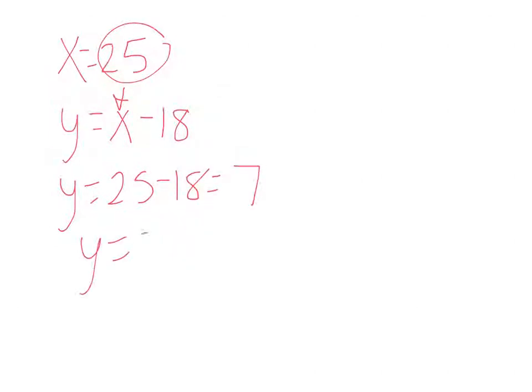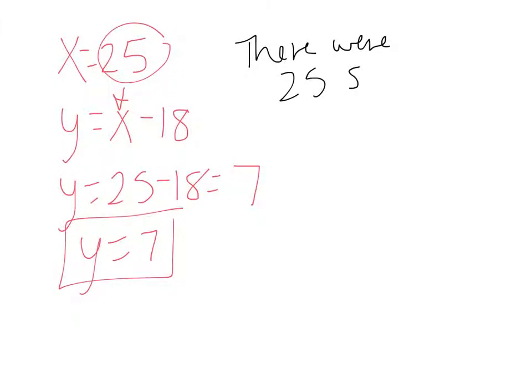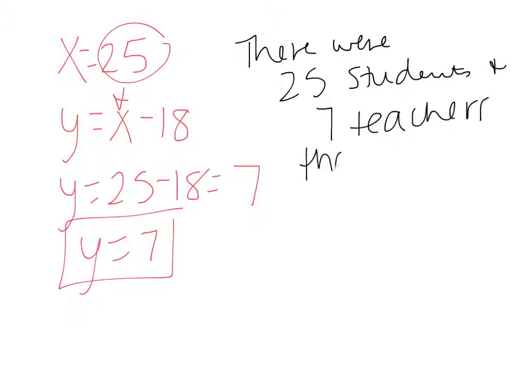So y equals 7. Again, we want to write our answer in a sentence, so we will say that there were 25 students and 7 teachers that went to the movie.